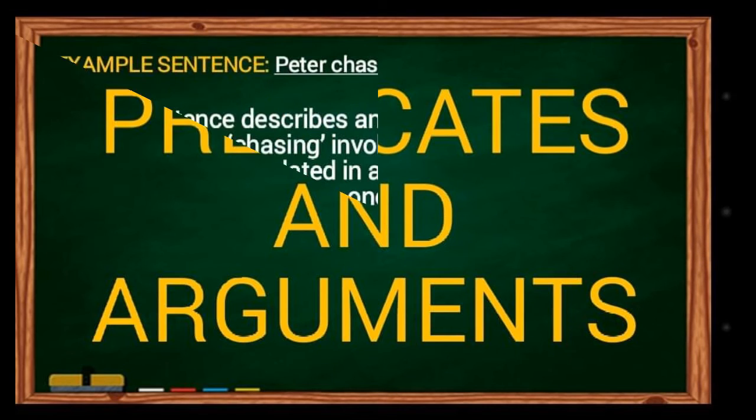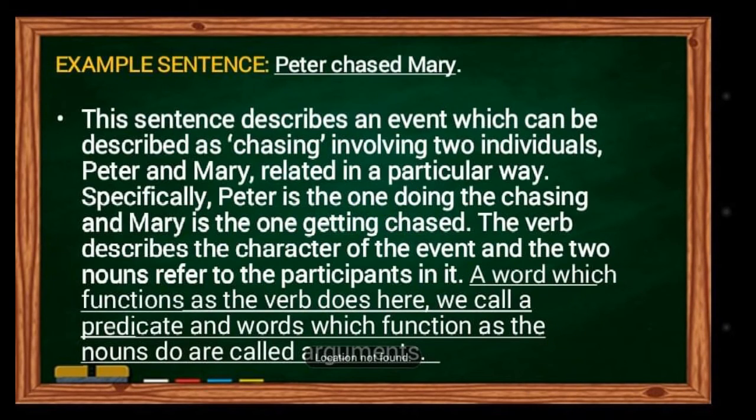Predicates and arguments. The sentence is Peter chased Mary. This sentence describes an event which can be described as chasing involving two individuals, Peter and Mary, related in a particular way. Specifically, Peter is the one doing the chasing and Mary is the one getting chased.